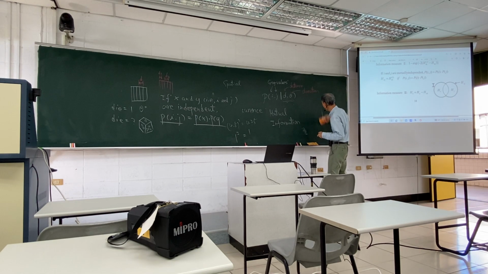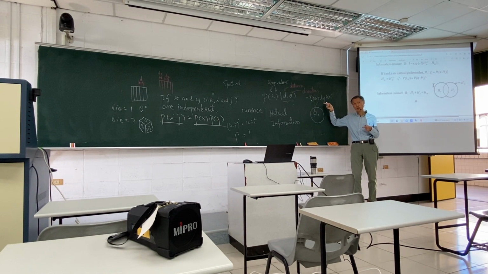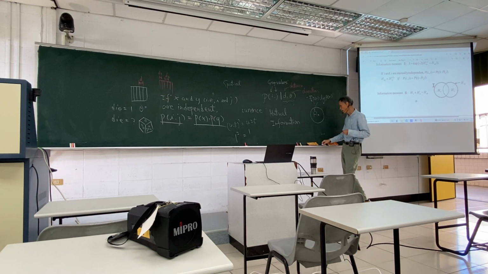So we can calculate H(X). H(X) is what? It is P of x times log P of x. This is the definition for entropy, right? Okay? And then you can calculate the entropy for Y.